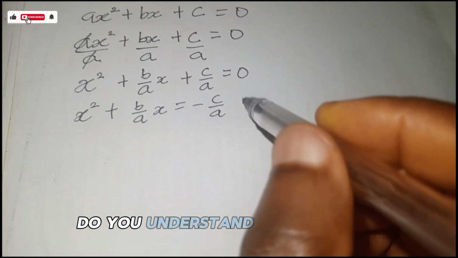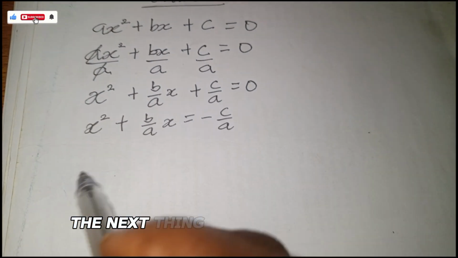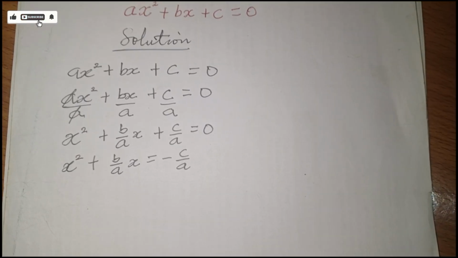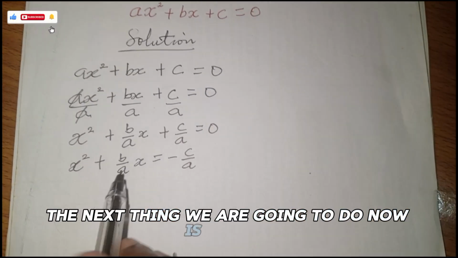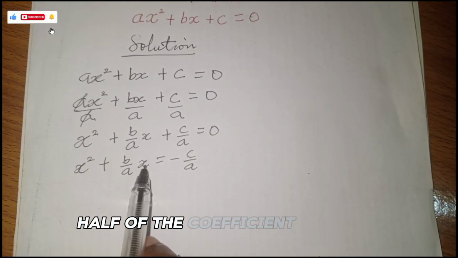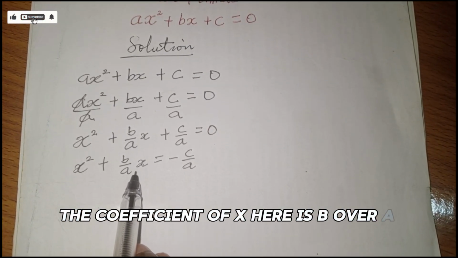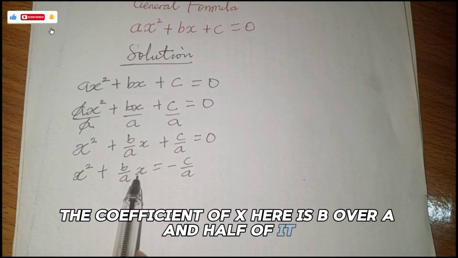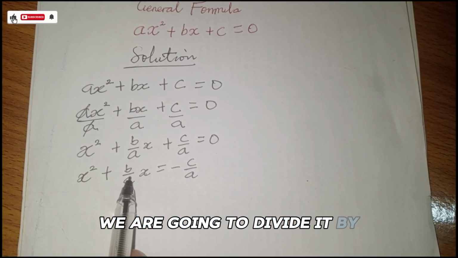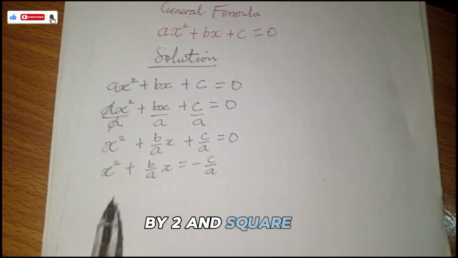Do you understand up to this stage? Okay, now let's proceed. The next thing we are going to do is find half of the coefficient of x. The coefficient of x here is b over a, and half of it, we divide by 2 and square it.